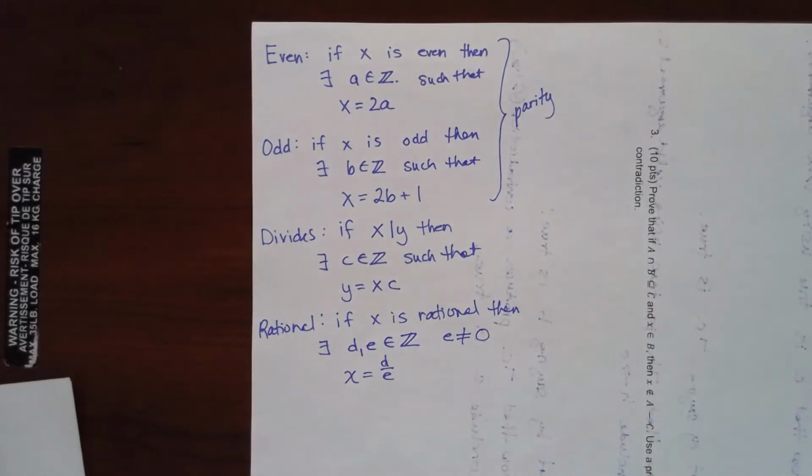Any other questions about these proof techniques? Do we need to know when to use a proof technique? I will tell you what proof technique to use. There's a proof by cases, there's a proof by contradiction, there's a proof by contrapositive, there's induction.